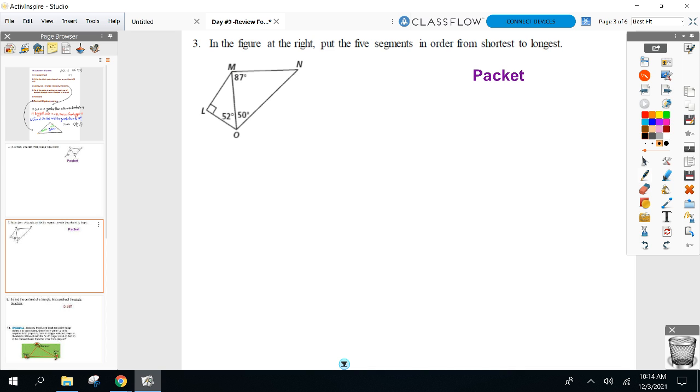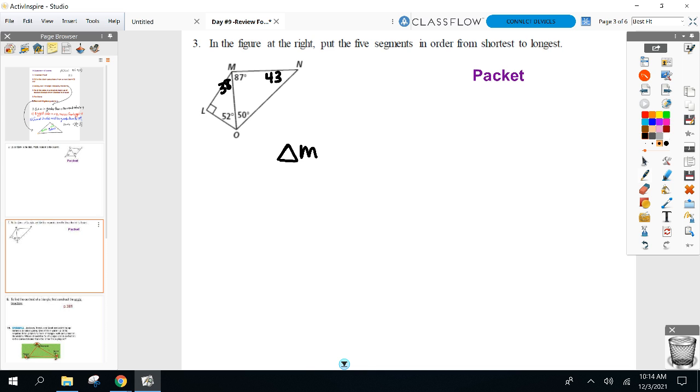So for angle L, it would be 38. I like it. Yep, 38. And whenever you're ready, angle N. Angle M would be 43. All right, we're all good. Now I have all angle measurements, and I have to rank them from shortest to longest. Is it necessarily true that because 38 is the smallest angle, LO might be the smallest side? Maybe, but not necessarily. If you remember how we did these, take each triangle separately.